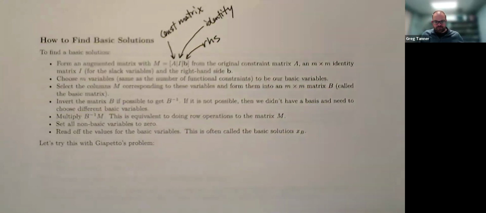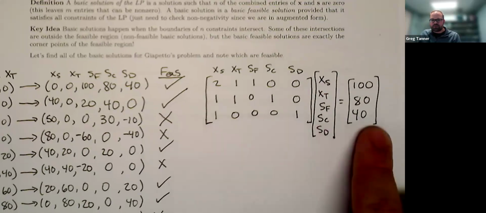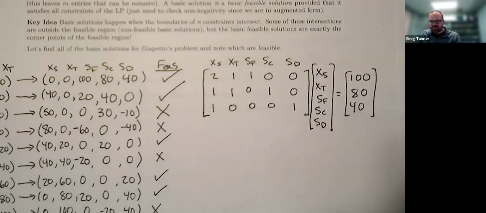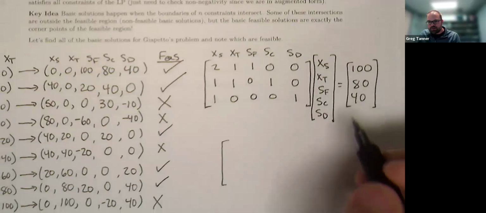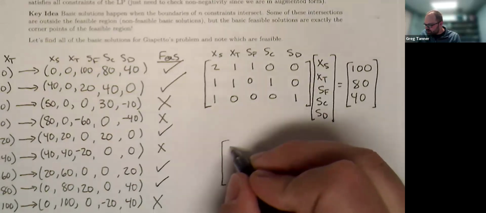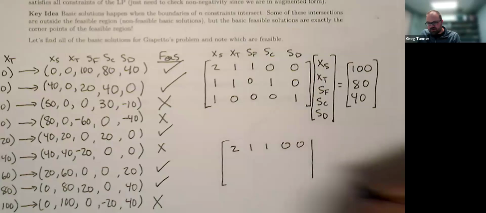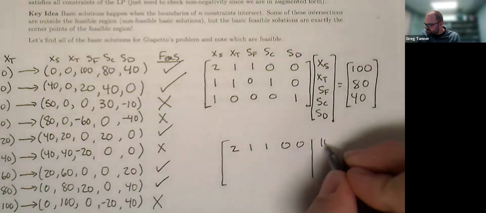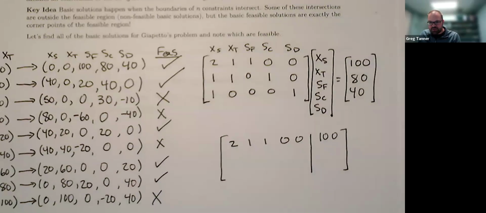We put them all together in an augmented matrix. Let's actually do that with this. The only difference between what we had written out here is that we smash everything together, the right-hand side included, into a single matrix. I like to draw a vertical line to separate it out, but in R, it'll just all be the same matrix.